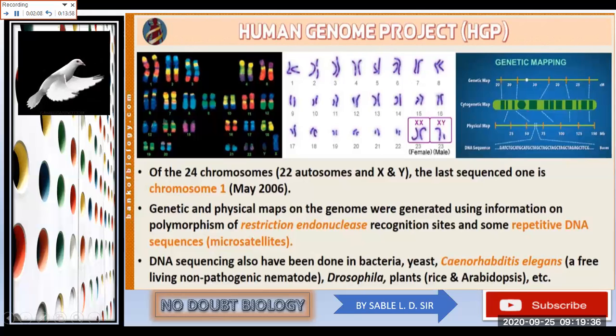Plants, rice and Arabidopsis, are also examples whose genetic characters and genomes are studied in detail. So up till now there has been study of Drosophila, plants, nematodes, Arabidopsis and rice, and there is sequencing of the DNA.